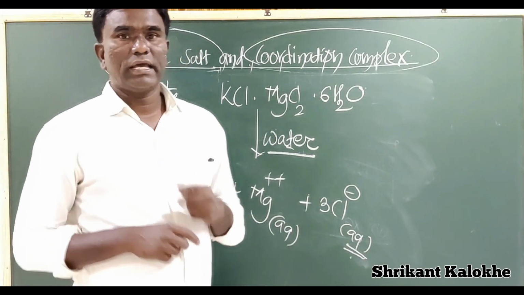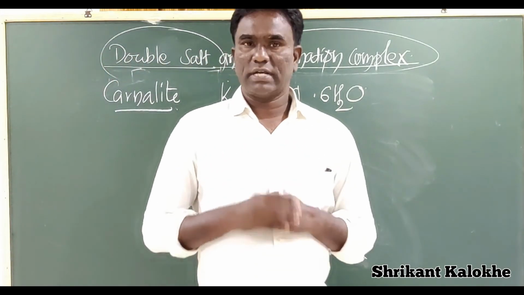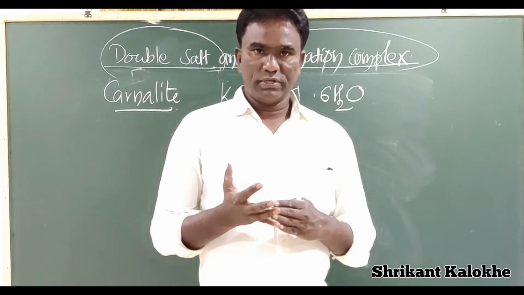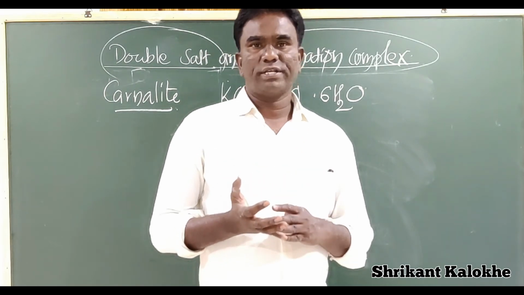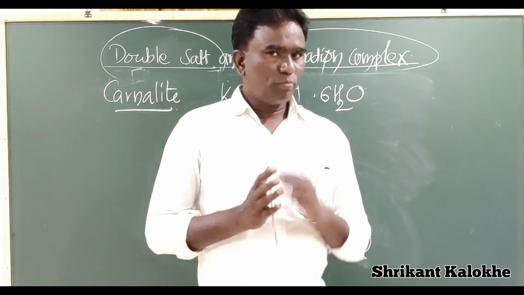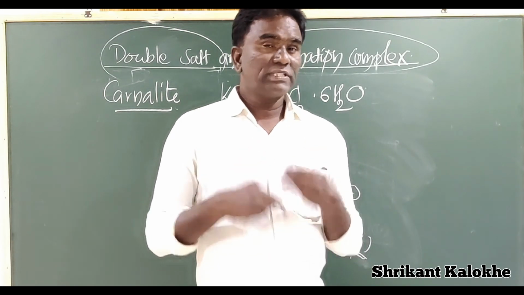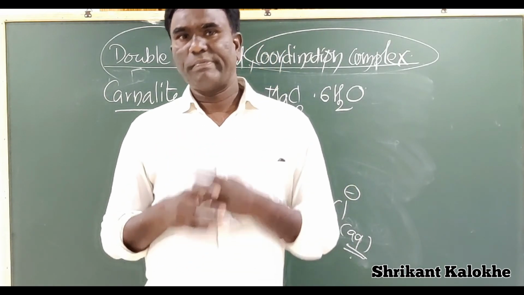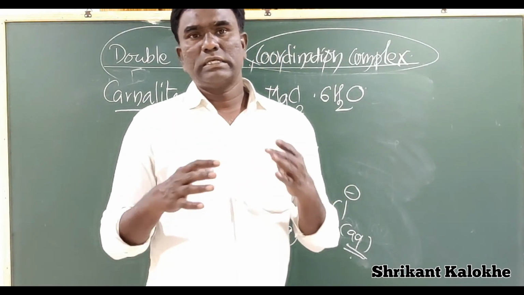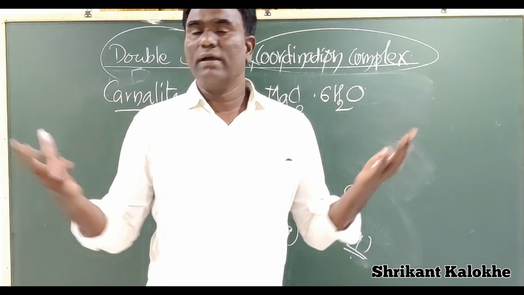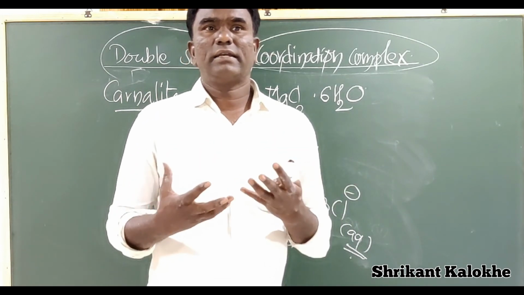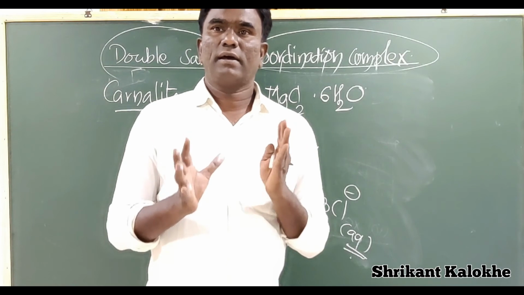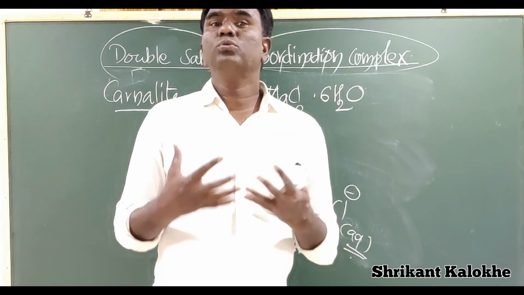And therefore, in this lecture, we have studied how to distinguish a complex ion and a coordination complex. Both seem like a mixture of two equimolar salts, meaning their formula is quite big and it looks like a mixture of two salts.